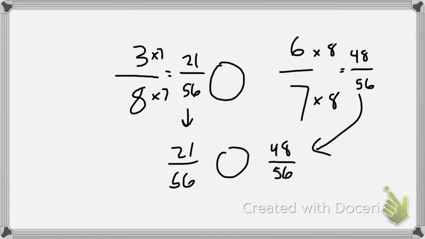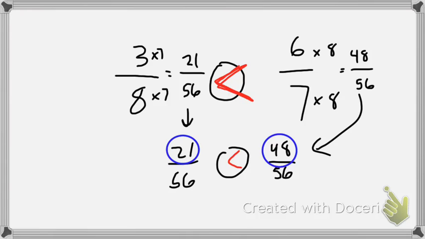So now I look at the top number, the numerator, 21 and 48. 48 is bigger than 21, so 6/7 is greater than 3/8.